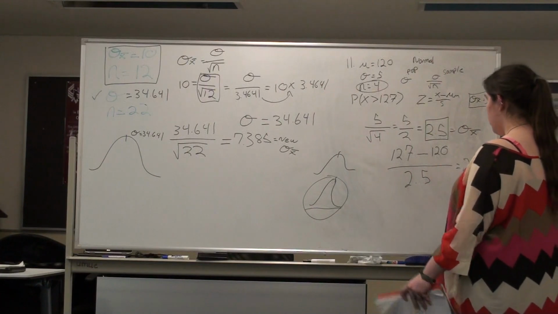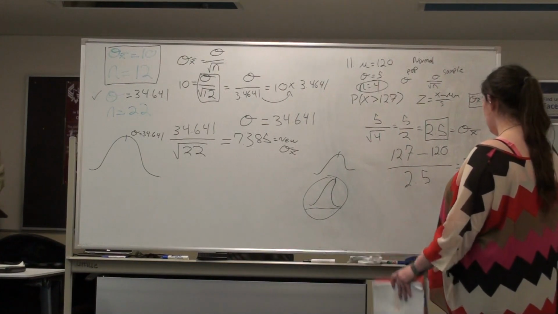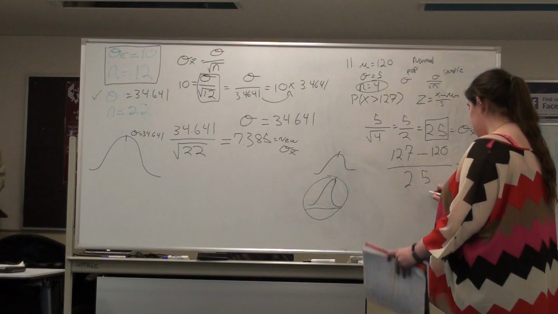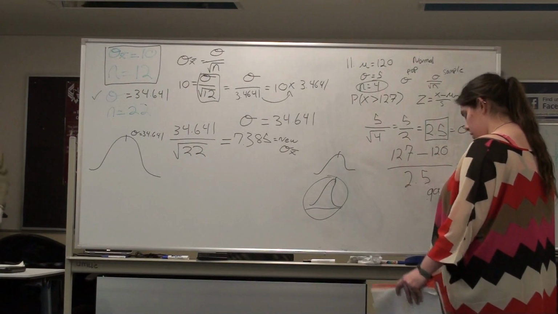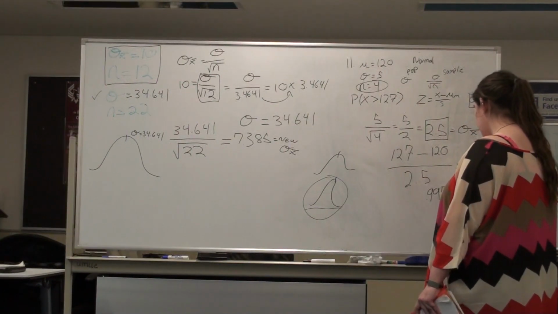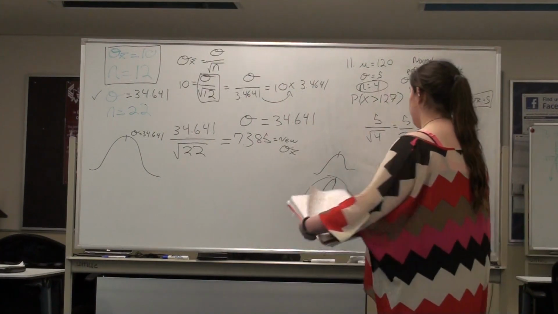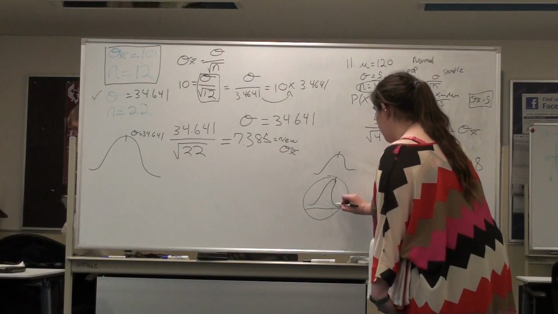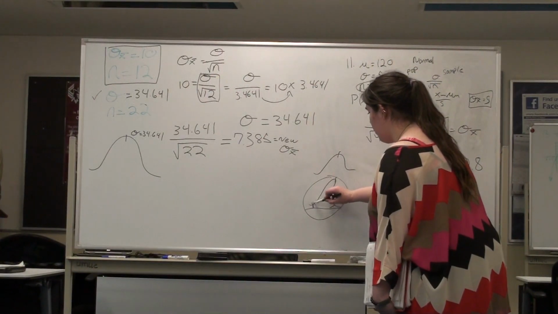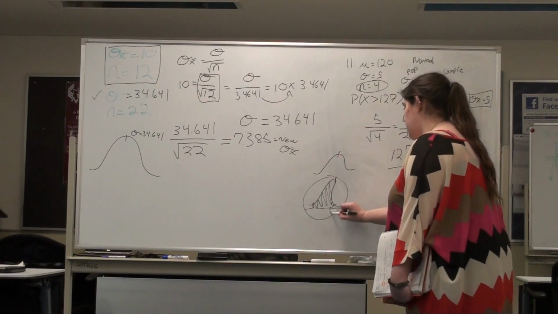And if you look on the chart, the z-score that's equivalent for 2.8 is 0.9974. But here's the kicker, we need the portion above that, since it's to the right. So you're looking for this portion.